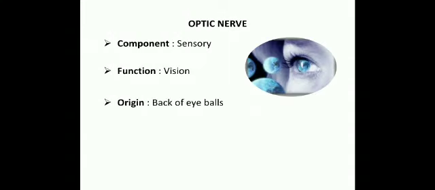So now the second cranial nerve, that is the optic nerve. The component is sensory and the function is vision. The origin is the back of the eyeballs and it opens to the skull through the optic canal.